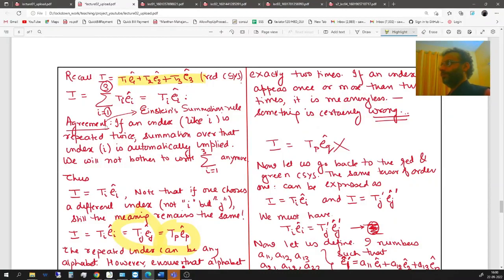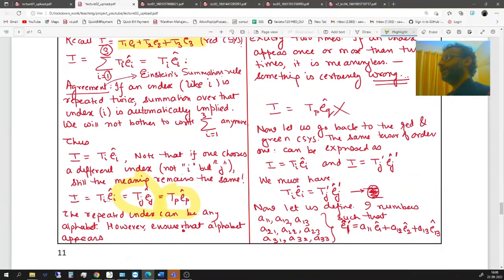This rule, which we are now making, is actually called the Einstein summation rule, and I put it like this. If an index like i is repeated 2 times, summation over that index is automatically implied, and we will not bother to write even this sigma symbol anymore. Thus T equals T_i E_i by itself represents the full tensor.